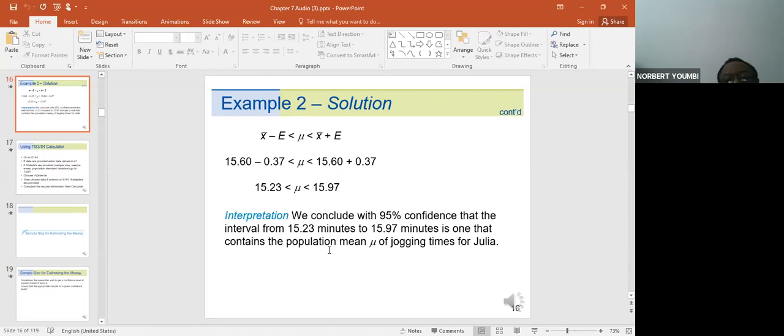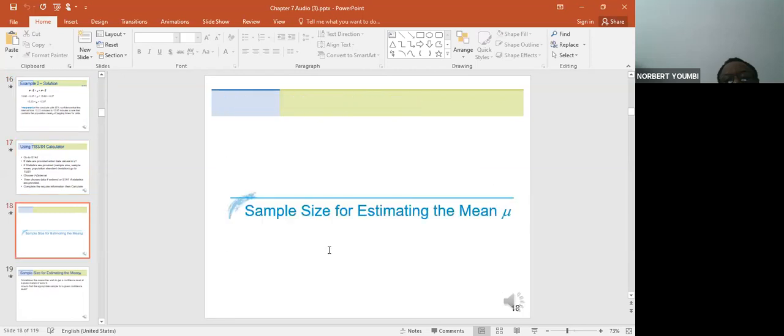Then the sample size 90. Confidence level 0.95. And then you calculate. You will see a parenthesis that gives you the range of values for the confidence interval, 15.23, 15.97, using a calculator.